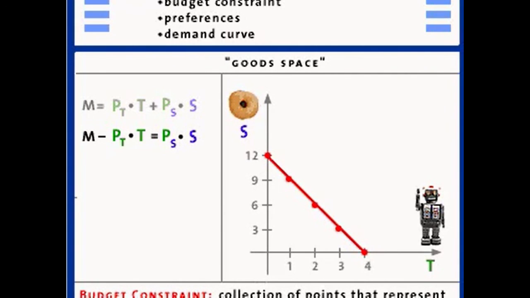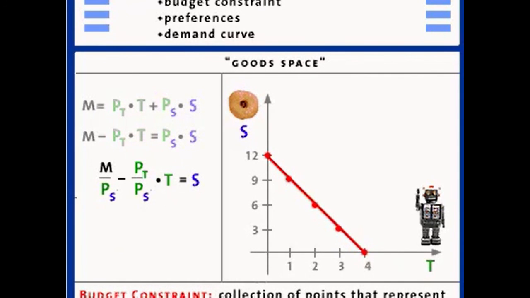The total number of snacks that I can afford to buy is equal to my income divided by the price of snacks minus the price of toys divided by the price of snacks multiplied by the number of toys that I buy. This equation that I've drawn is the equation that I've graphed here in goods space. This is the equation for this line, which is the budget constraint.